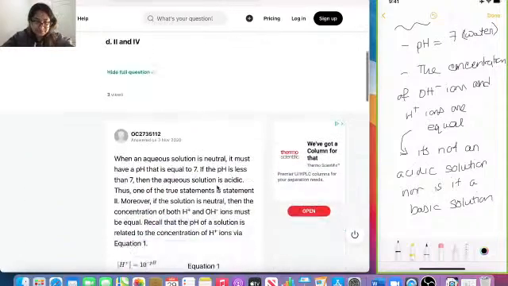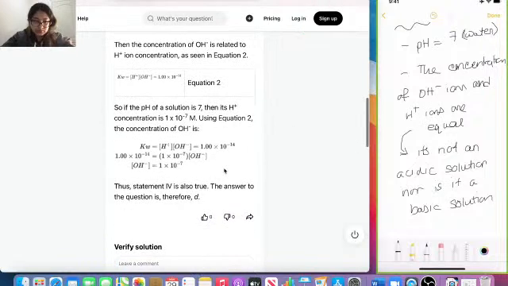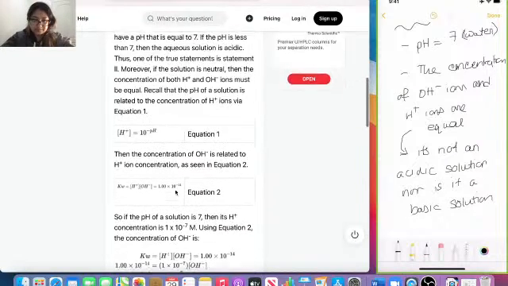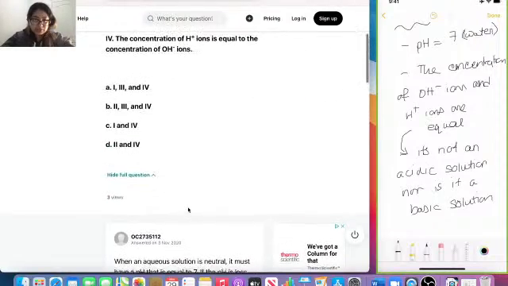Okay, and this is where your Kw is equal to 1.00 times 10 to the power negative 14. So that means those two are equal, and so the answer says D and equation 1.